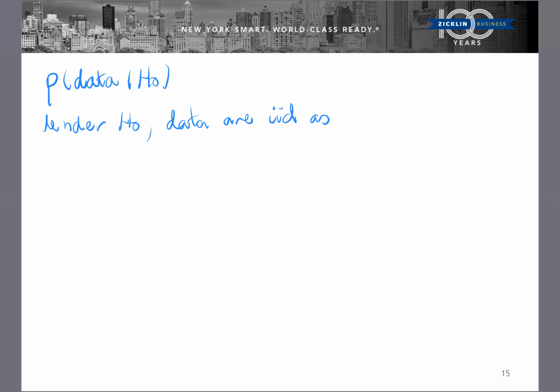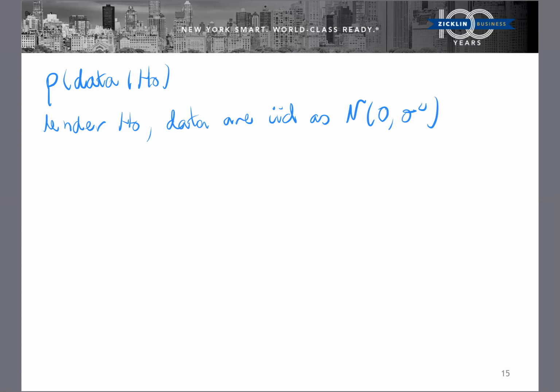Okay, so again, we want to find the probability of the data under the null, because that's something that factors in here. So let's think this through. Under the null, the data are IID, meaning independent and identically distributed, as normal with mean 0 and standard deviation sigma.